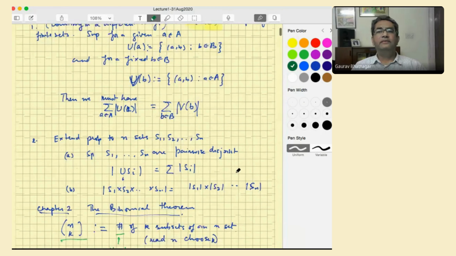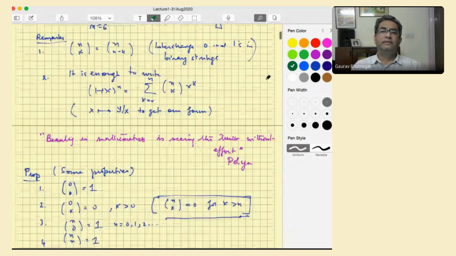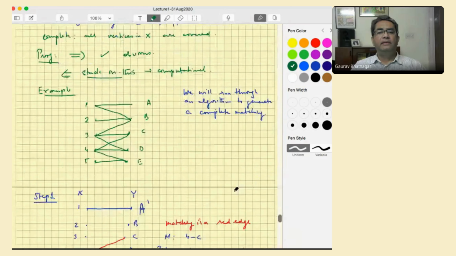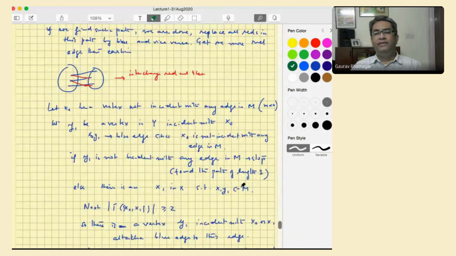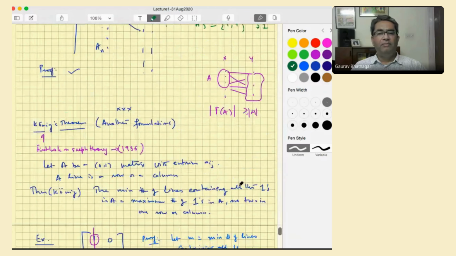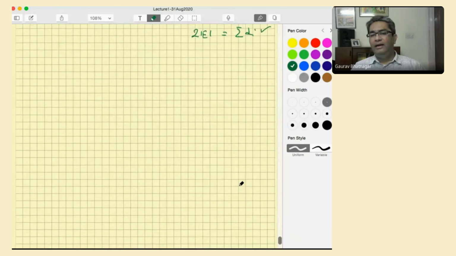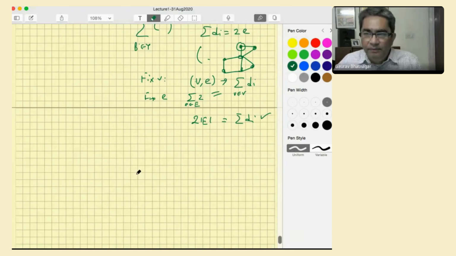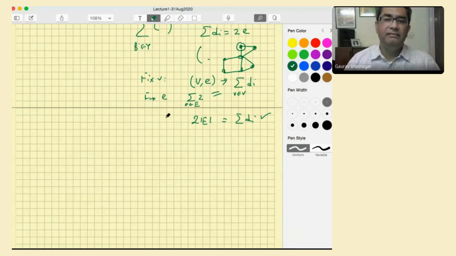Every time there is an unclear argument in combinatorics, I usually make it very formal so that I can understand what's going on.